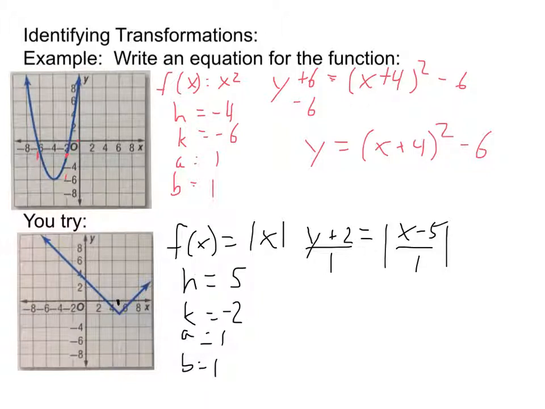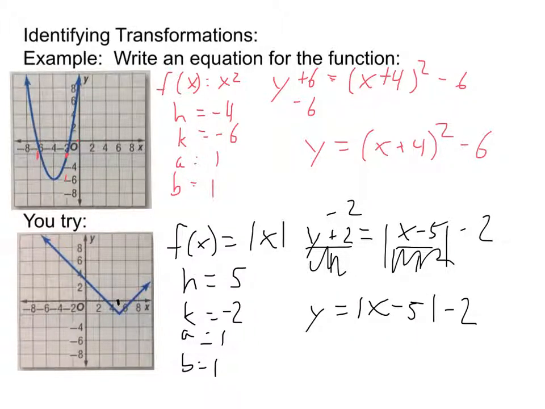So we don't really need these bottom parts because they're 1. Then to get rid of that 2, we just subtract 2 over, so you get y equals absolute value of x minus 5, minus 2.